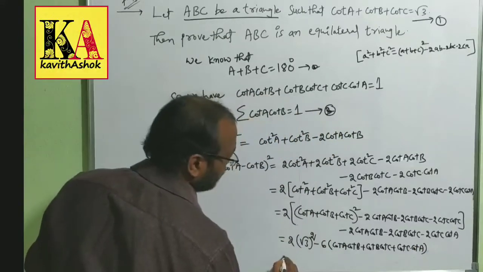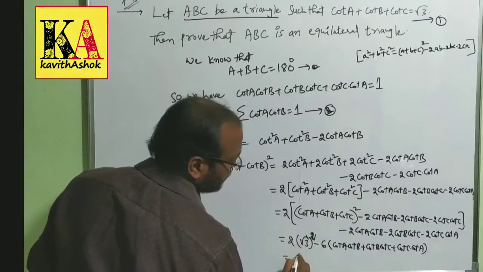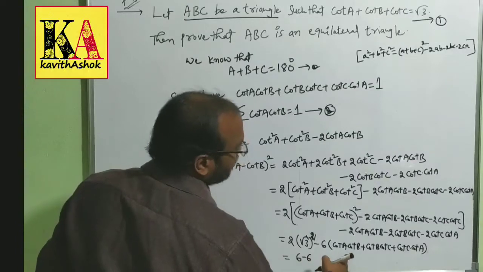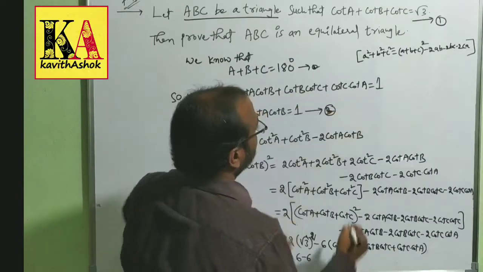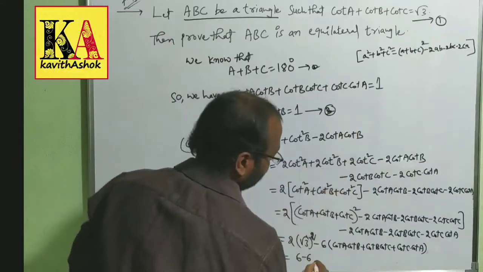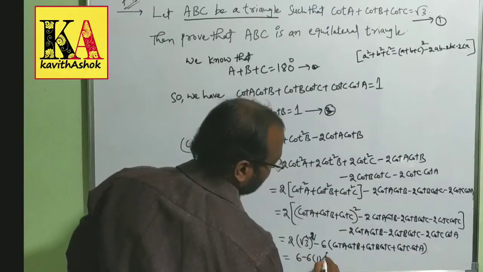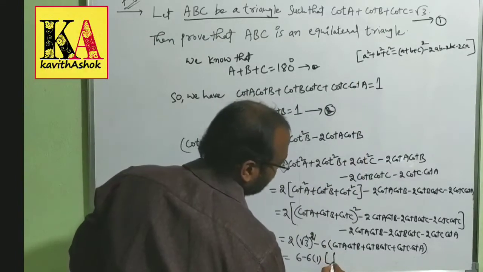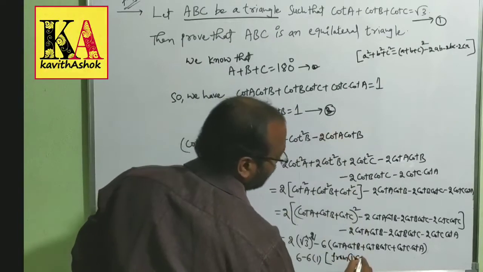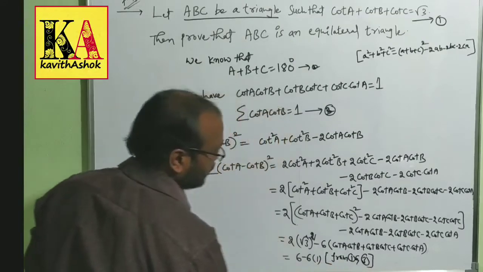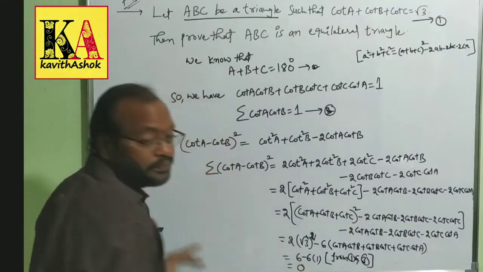Then the square root gets cancelled, 2 3s are 6 here, minus 6 into cot A cot B plus cot B cot C plus cot C cot A, which is already 1. So by using equation 2 we get 1, and from equation 1 we get 3. From these two cases we get 6 minus 6, which is 0.